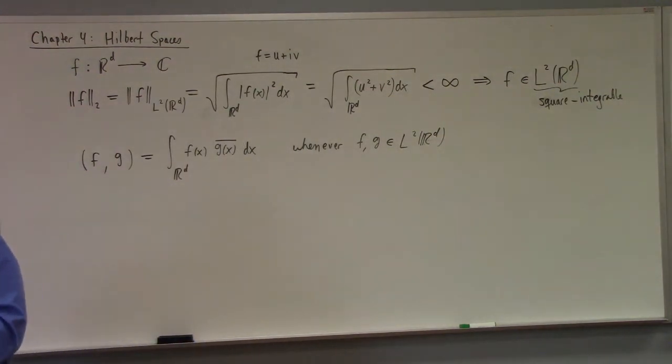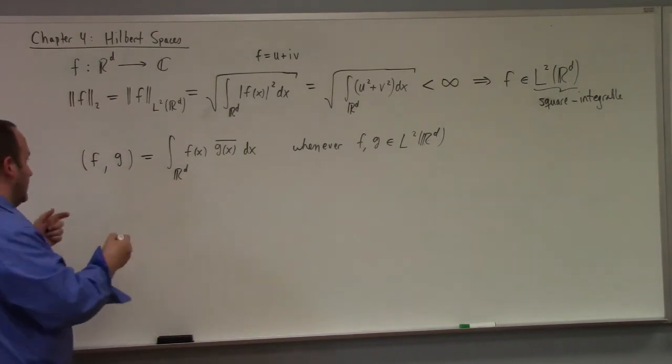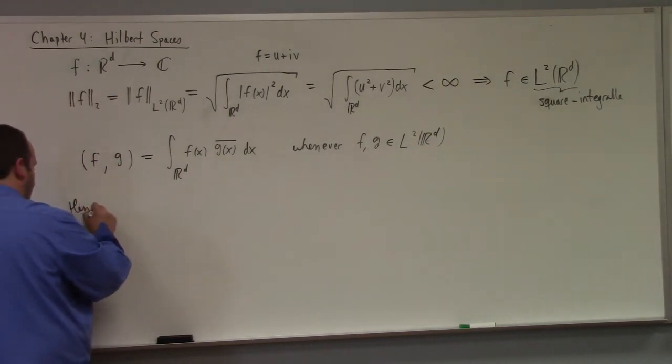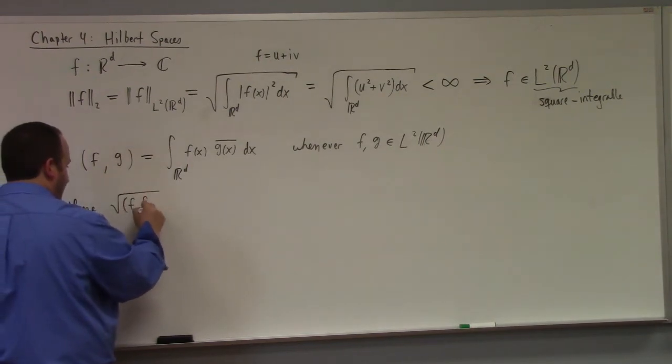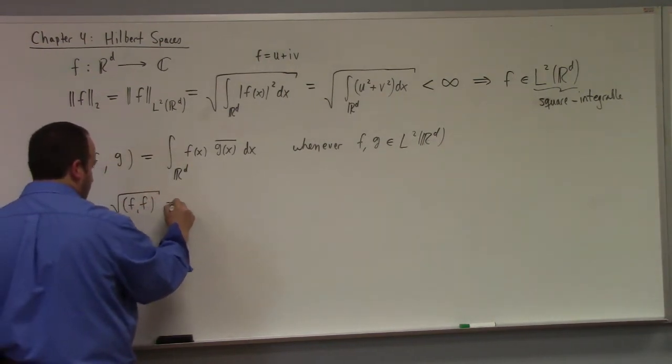Okay, so when I say it has an inner product, I mean there's an inner product which induces the norm. And what do I mean, inner product which induces the norm? Here, if we look at the square root of the inner product of f with itself, what's that equal to?